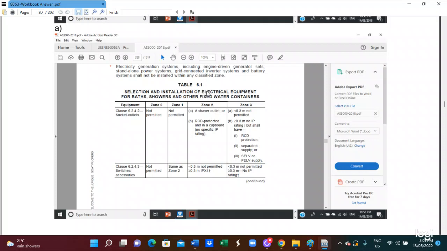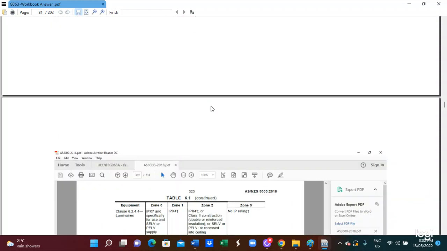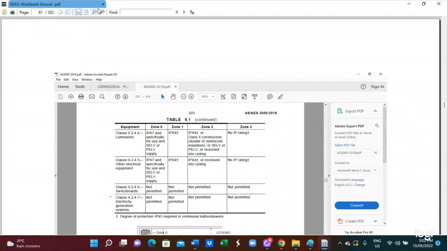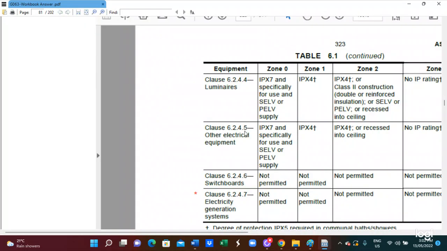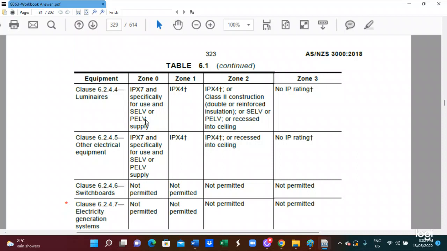And Table 6.1 mentions the selection and installation of electrical equipment for bath, shower and other fish water container. So if you want to install the electrical installation in a bathroom or any such place, you have to follow Table 6.1 of AS 3000. Table 6.1 of AS 3000 also mentions the protection zones and the IP rating.